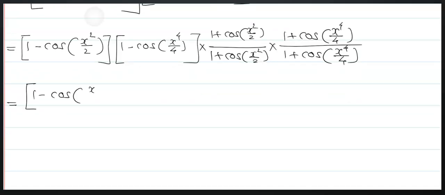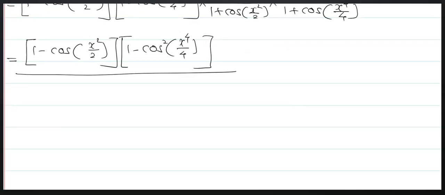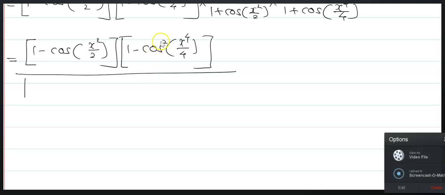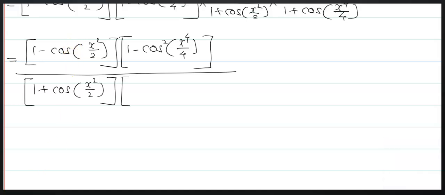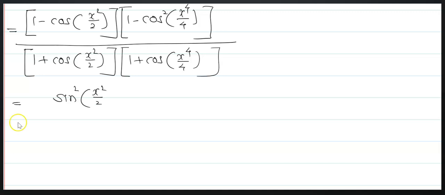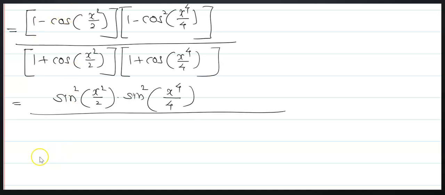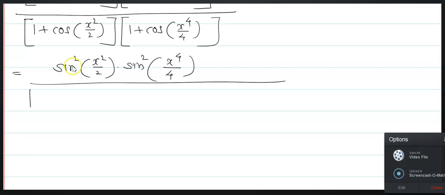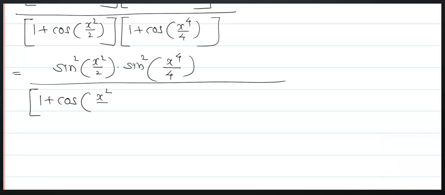Therefore, you will get 1 minus cos²(x²/2) and 1 minus cos²(x⁴/4). Here the square sign must be there. Now here we have sin²(x²/2) into sin²(x⁴/4), in the bracket, 1 plus cos(x²/2) and 1 plus cos(x⁴/4).